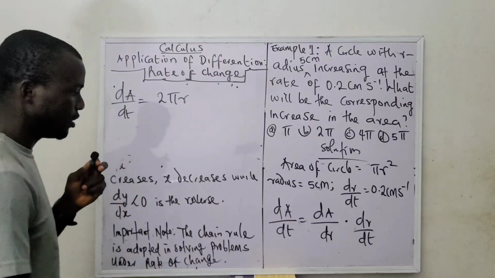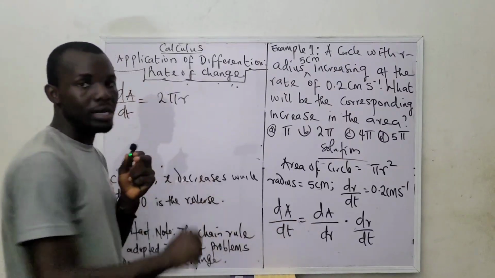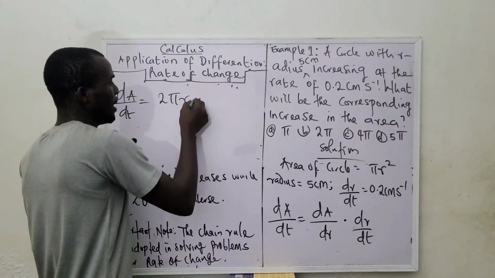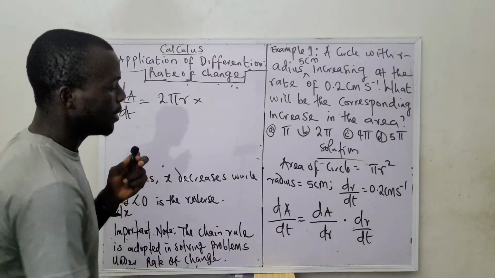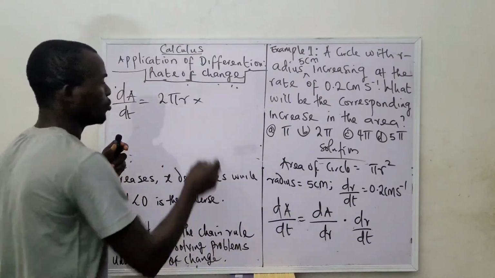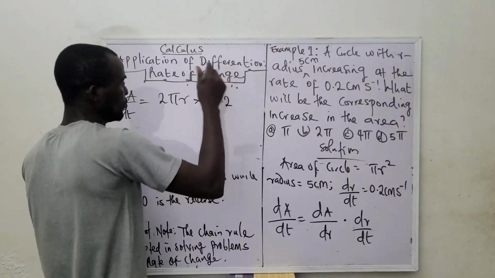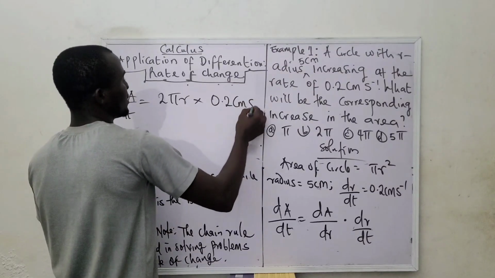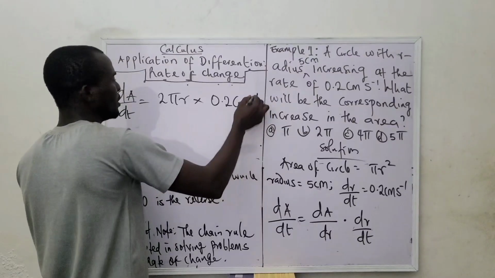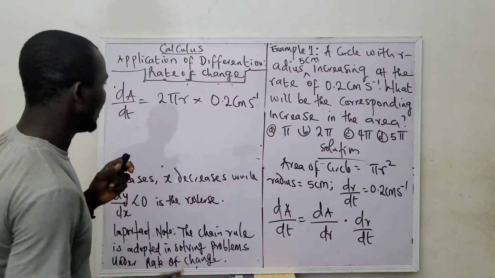We have differentiated this one. This is our 2 pi r. Now multiply, you can just keep it like this. Our dr over dt is already given to us, and that is 0.2 centimeter per second. You can ignore the unit, and when you are done, you bring it back.